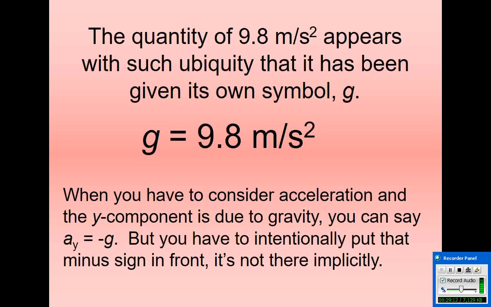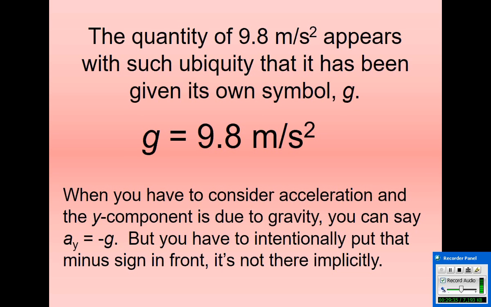9.8 meters per second squared, as we discussed in kinematics, is the acceleration due to gravity, and it has its own symbol, lowercase g. And I just want to reiterate that if you have to worry about the y component of acceleration and it's only due to gravity, you can say that the y component of acceleration is minus g.